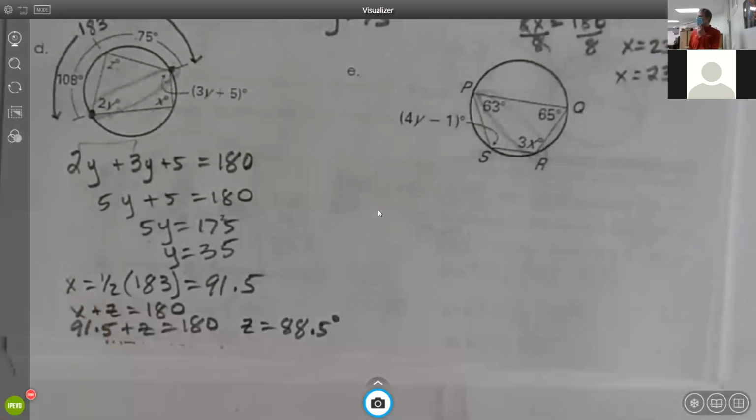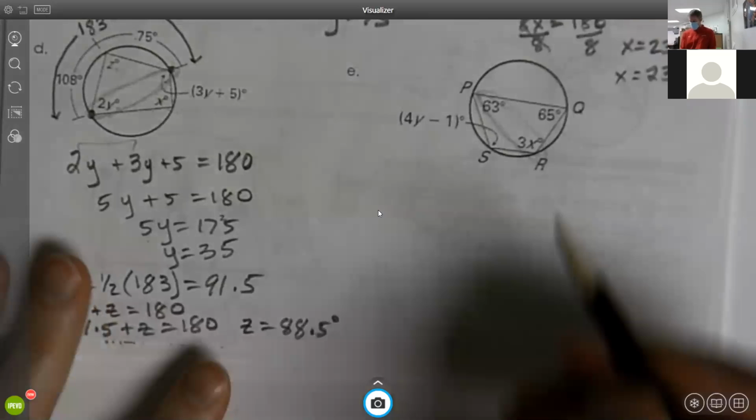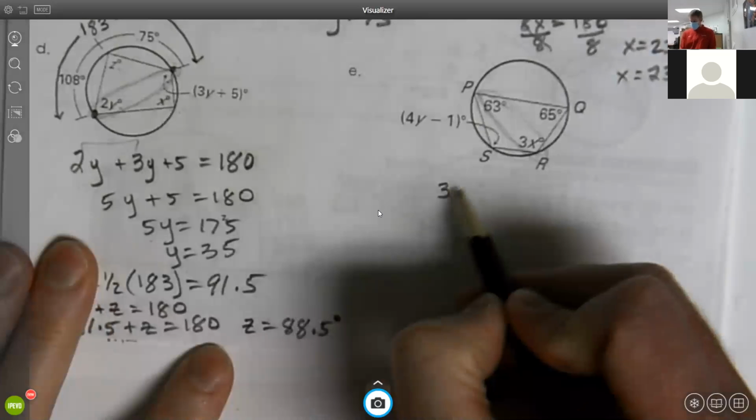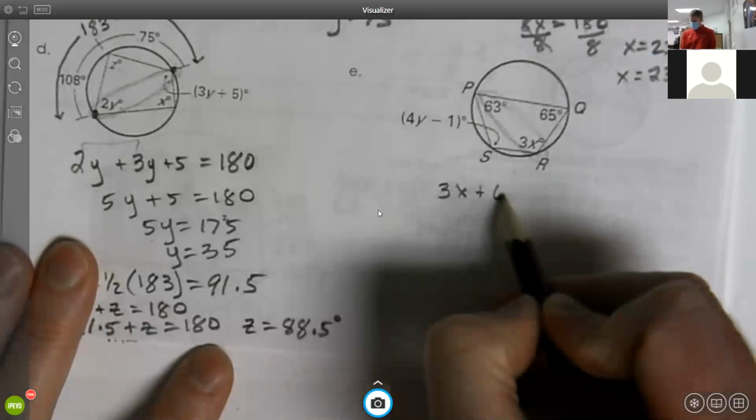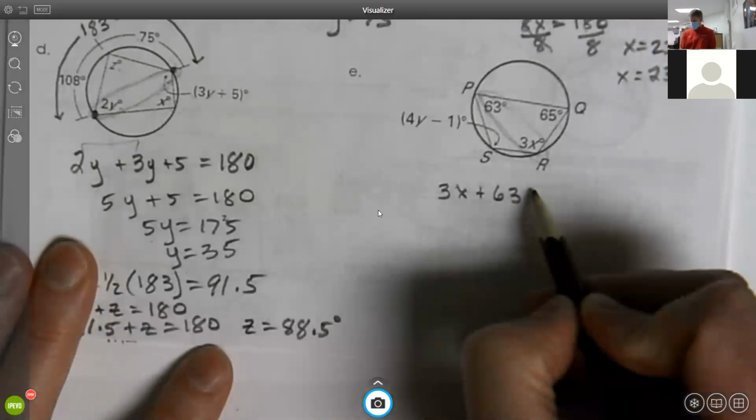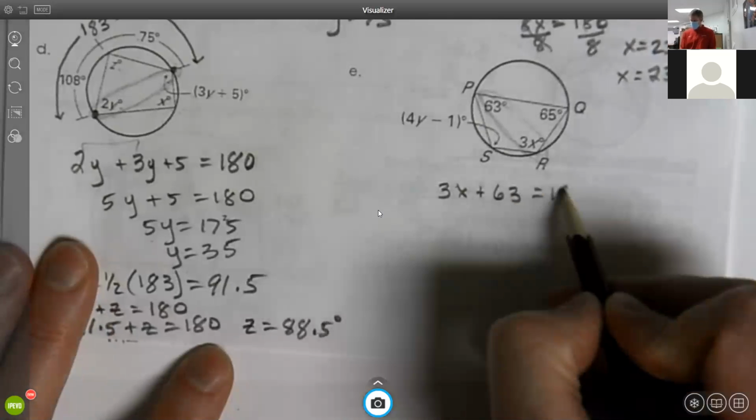Opposite angles are supplementary. So we have 3x plus 63 has to equal 180.